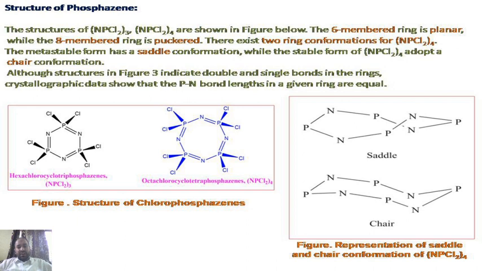For this cyclic tetramer, (NPCl2)4, we have two conformations of the ring, shown in the side diagram. The first one is the metastable form, which has a saddle conformation, whereas the second one, shown below, is a stable conformation, and it adopts a chair conformation.